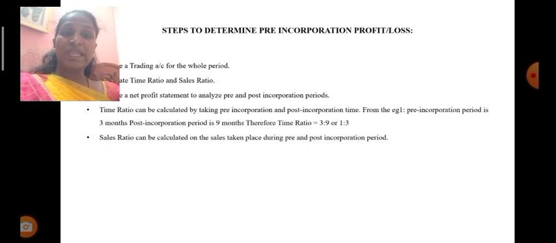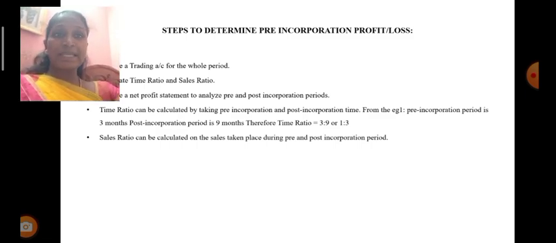Time ratio can be calculated by taking the pre-incorporation and post-incorporation periods, that is, it is calculated after considering the time period. One period is the period falling between the date of purchase and the date of incorporation, and the other is the period between the date of incorporation and the date of presenting the final accounts.